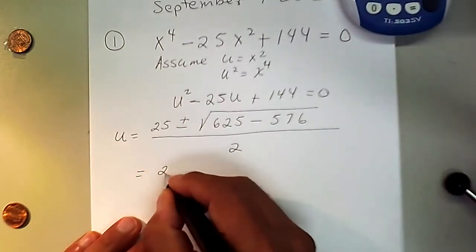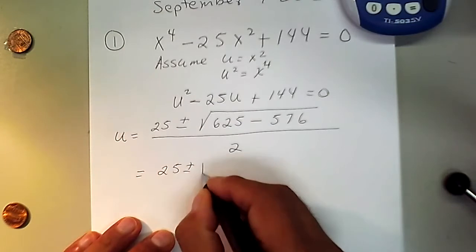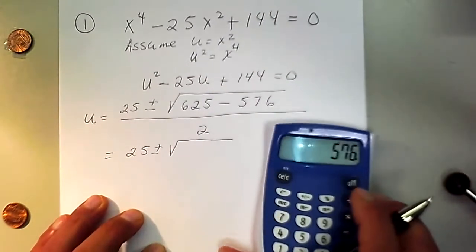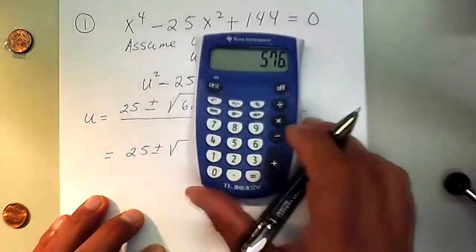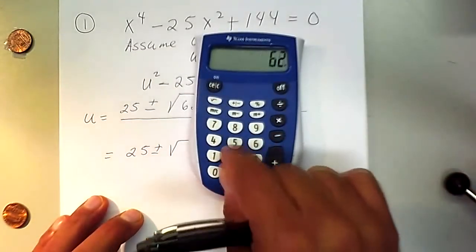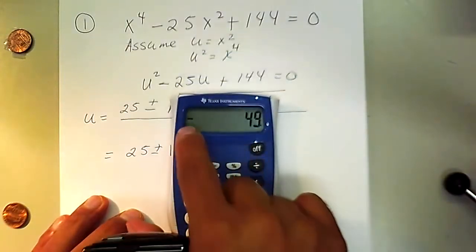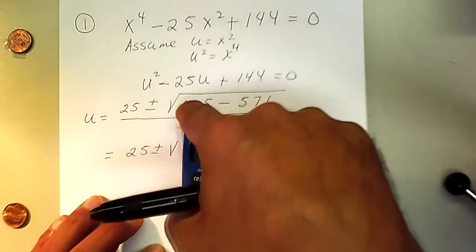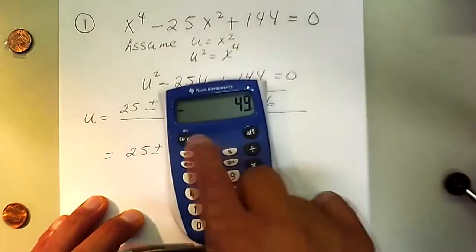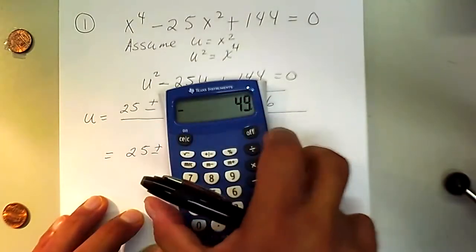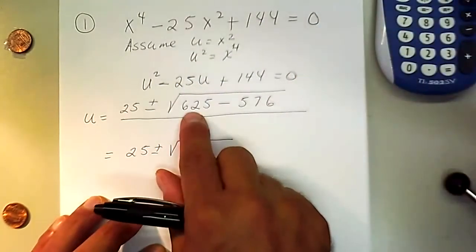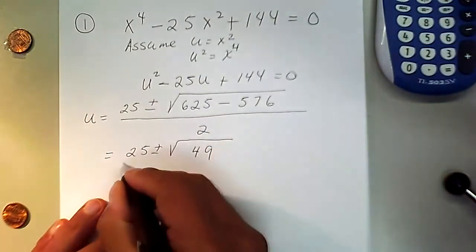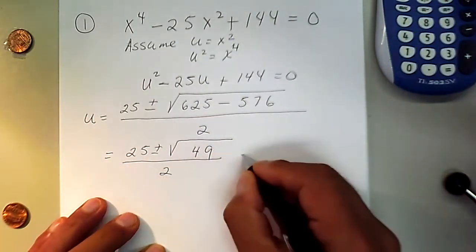So 25 plus or minus the square root of 625 minus 576. Of course, I did the subtraction backwards on the calculator, I did this minus that instead of this minus this, and that's why it shows a negative. But we know it should be positive because we're subtracting the smaller number from the bigger. So we end up with the square root of 49, and that is actually 7.